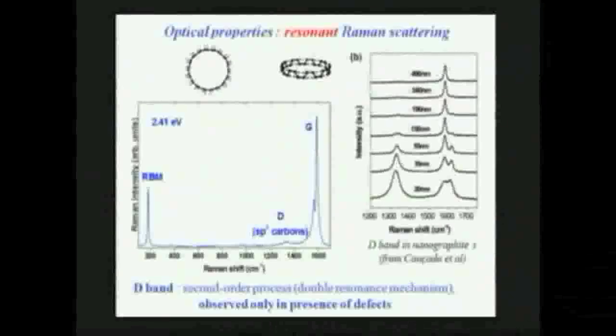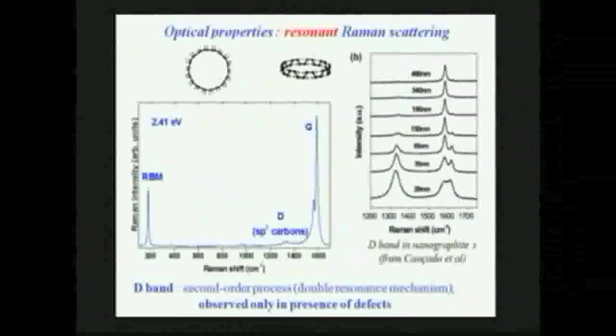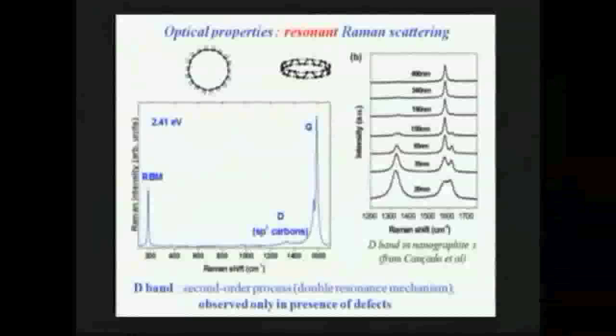In diffraction measurements, you can measure the coherence length, that is the typical distance between two defects. And this is what you obtain. If you irradiate nanographite, you will create more and more defects from top to bottom. It's more and more irradiated, so more and more defects.